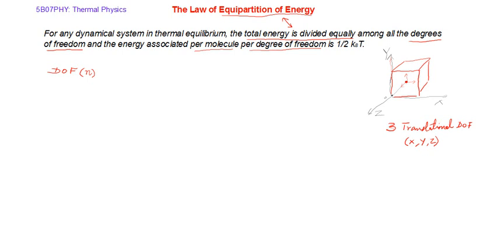There is no restriction on the particle other than the walls of the container. It can move up and down, left and right, and back and forth. So in order to specify the position of the particle at any instant, I need 3 coordinates. So we say that there are 3 translational degrees of freedom.